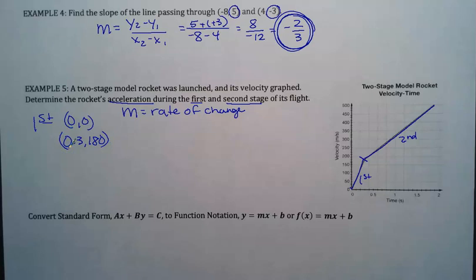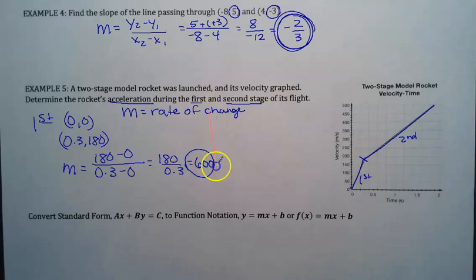So my slope, m, is going to equal 180 minus 0 over 0.3 minus 0. It's a really nice one to do, right? I like it. Okay, so this equals 180 over 0.3, which is equal to 600 in the first stage. All right, then let's look at my second stage.